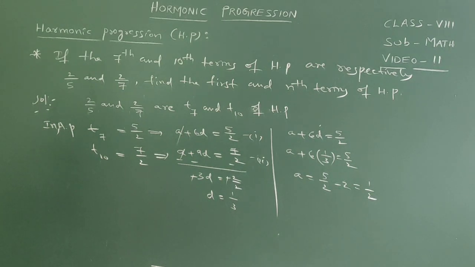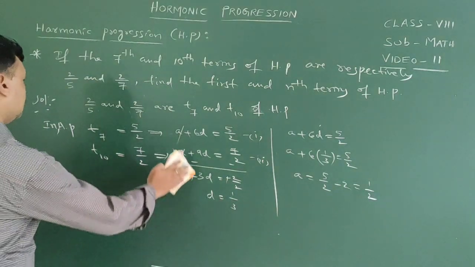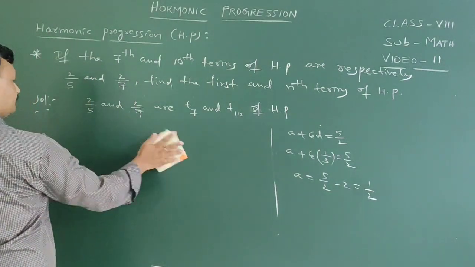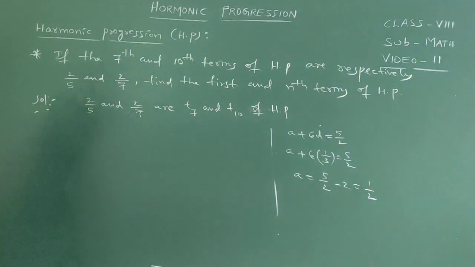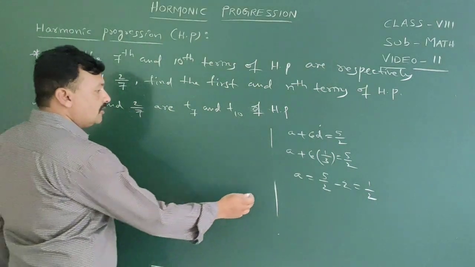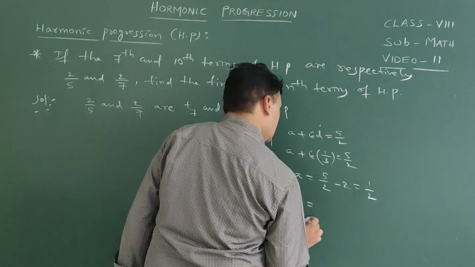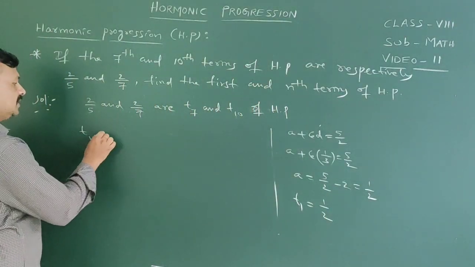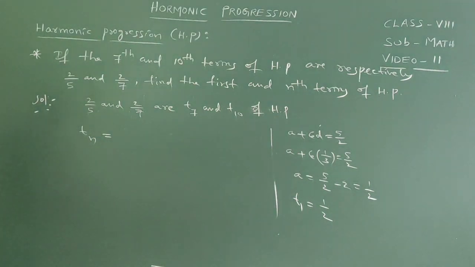Now, the nth term of the AP we need to find, then its reciprocal is the HP term. Now observe here. A is 1 by 2. Tn in the HP, first of all we need to find the nth term in the AP; its reciprocal is the nth term of the HP.